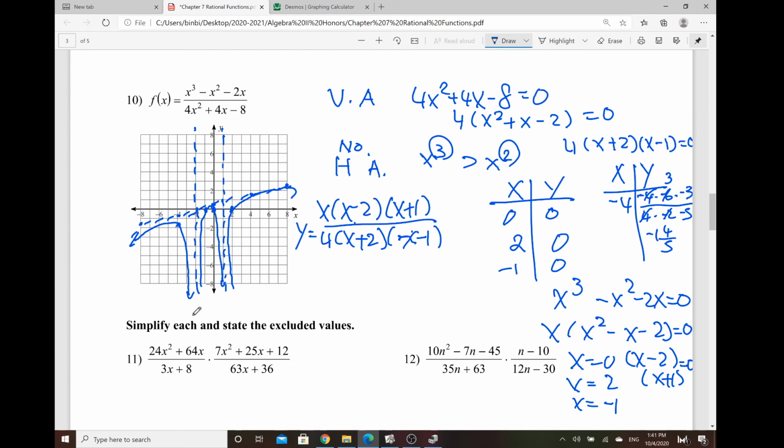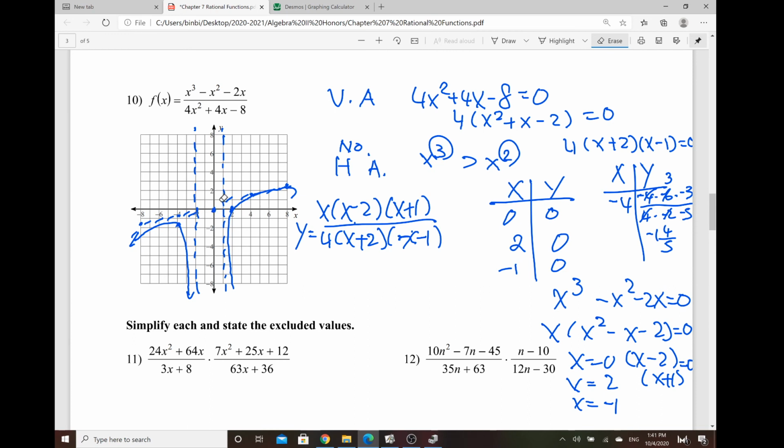Oh, I see the reason why. Yeah, it's supposed to be connected all the way up, because this part right here is not considered a slant asymptote in the middle. Just like the horizontal asymptote, the slant asymptote does not apply to the middle portion of the graph.